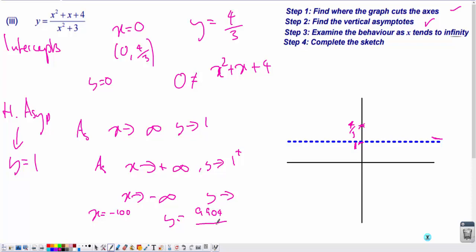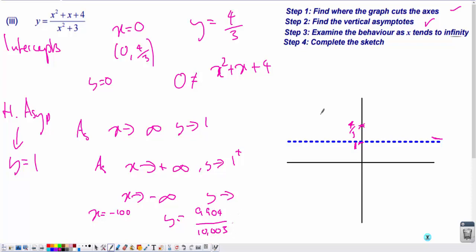In my denominator, I've got 10,000, because minus 100 squared is still 10,000, plus 3, which is 10,003. Let me just double check that. When x equals minus 100, 10,000 minus 100 is 9,900 plus 4, 9,904, over 10,003.